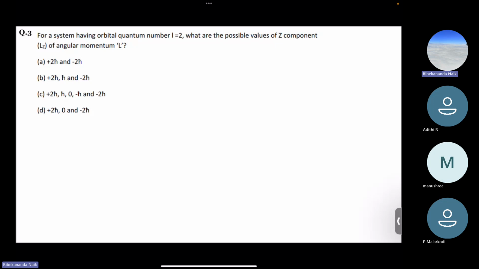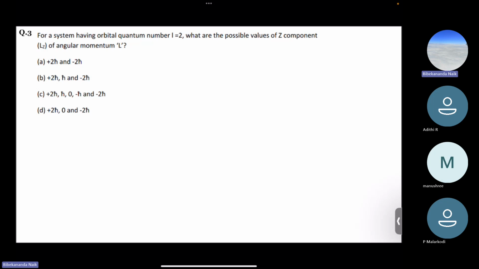If you talk about the principal quantum number, the values are 1, 2, 3, 4, like that. We don't have non-integer values like 1.1, 1.2. So the energy levels are discretized, quantized. There are no continuous values of energy. That's why we have different spectral lines.